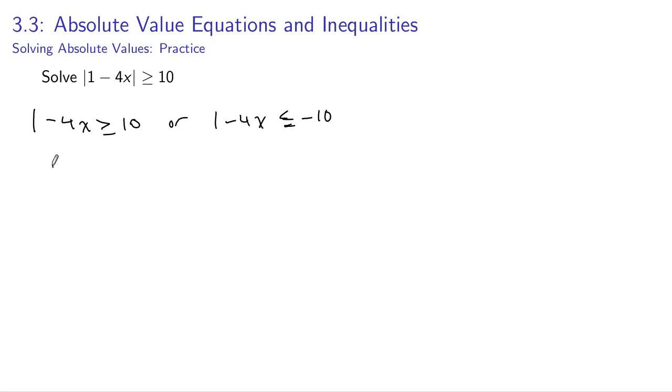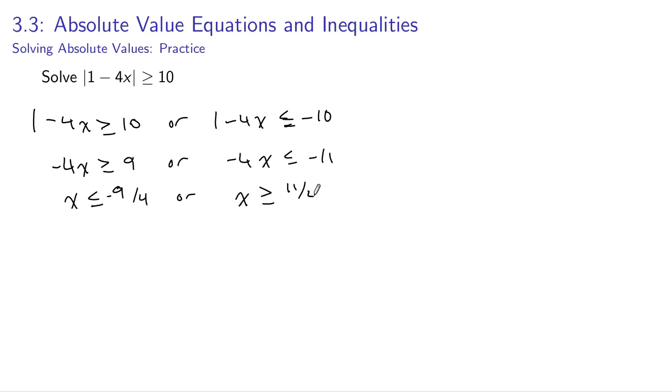So let's add 1 to both sides. Sorry, see, I'm making a mistake by going too fast. Subtract 1 from both sides on both of these inequalities. Divide by negative 4 in both of them, which makes me flip them both. So x is less than or equal to negative 9 fourths, or x is greater than or equal to positive 11 fourths.